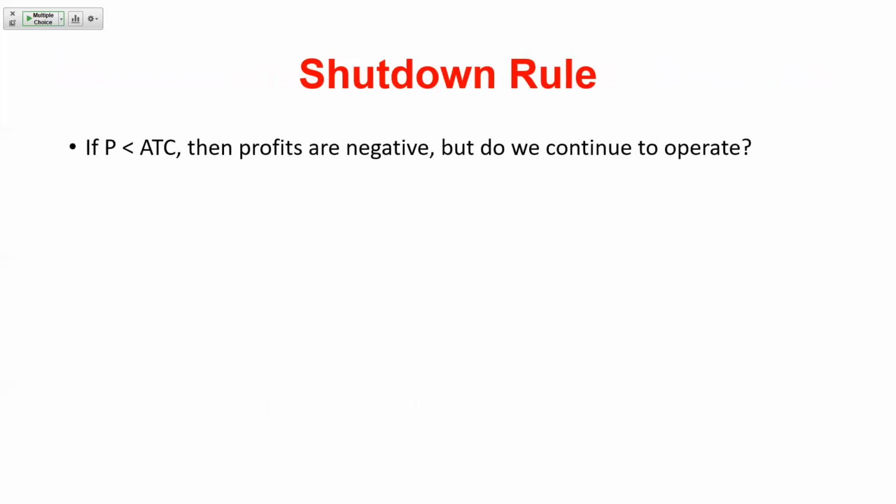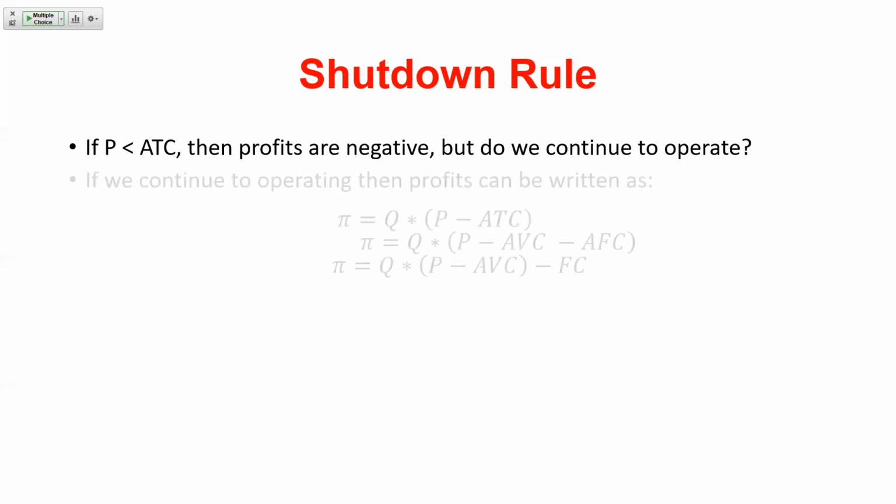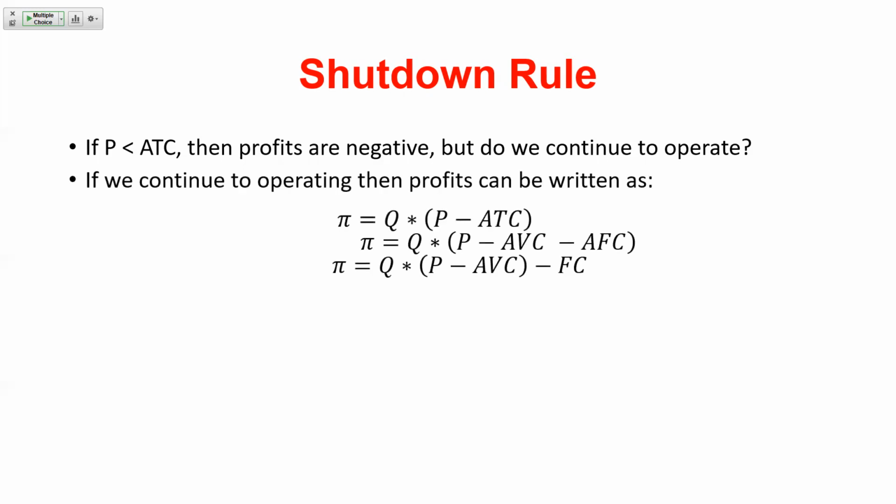So my shutdown rule is that as long as I have positive profits, I stay open. But if price is below average total cost, I know I'll have negative profits. If I rework my profit equation in the short run, I can break my total costs down into fixed and variable components.